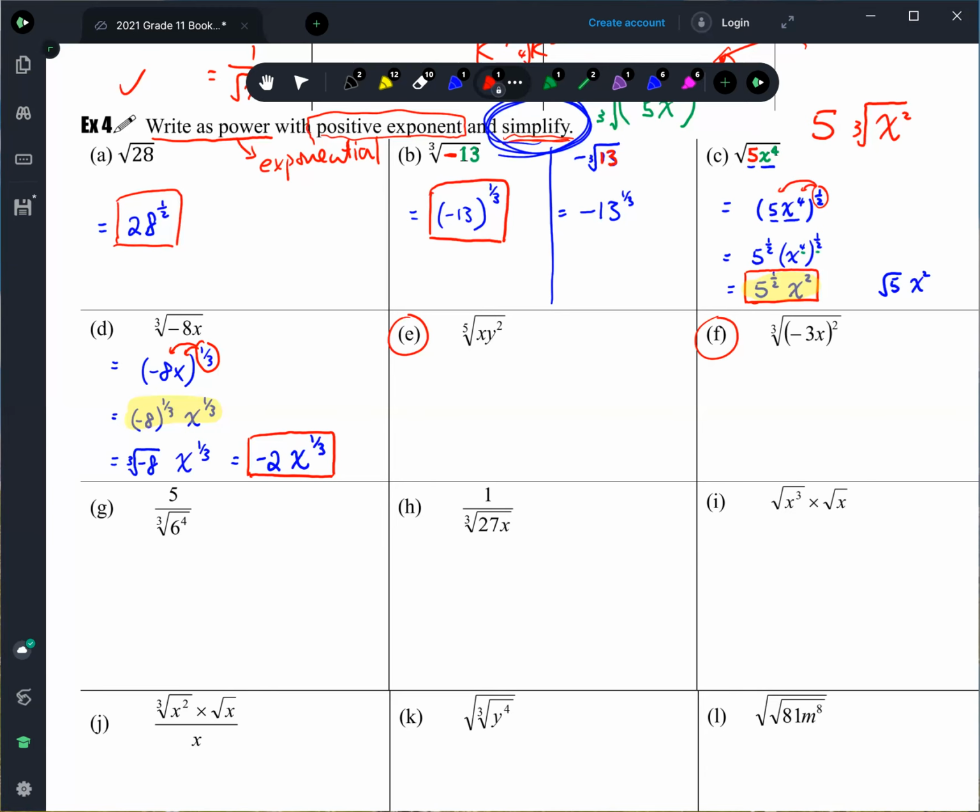Okay, if you're done, please raise your hand. Whether right or wrong, it's okay. Let me know if you've tried it. Okay, so let's go over these two.